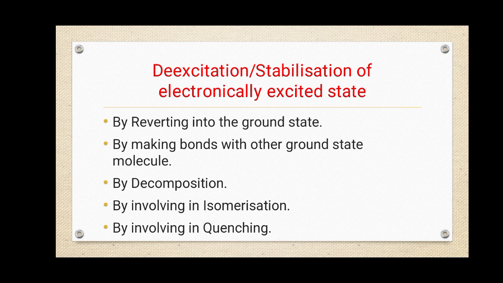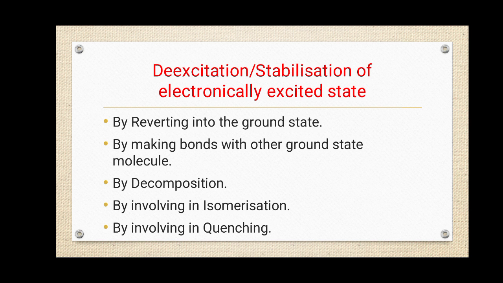If the molecule is present in the excited state, it is energized, but it is unstable or less stable. By coming again to the ground state, it becomes stable. So what are the ways? Let us see the first point: by reverting, just coming again to the ground state.